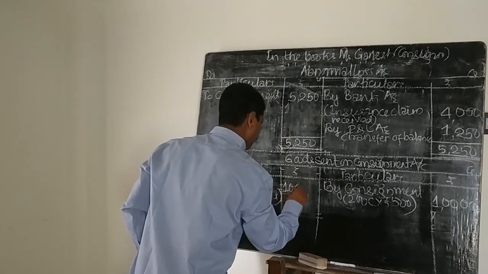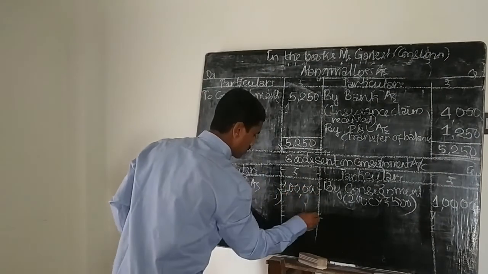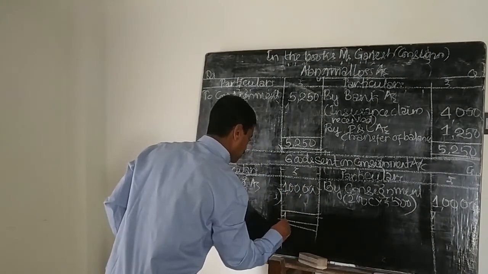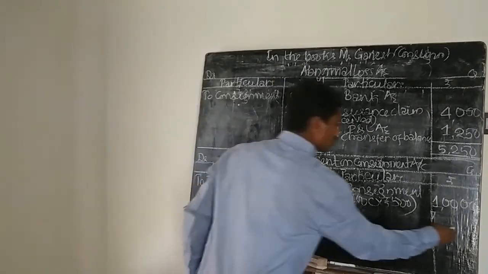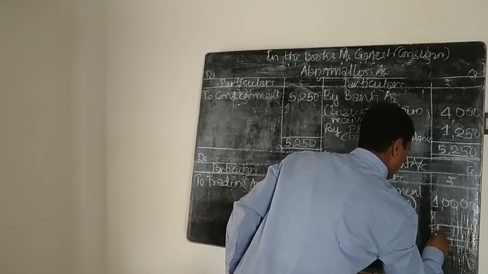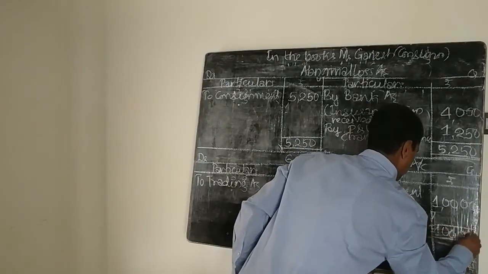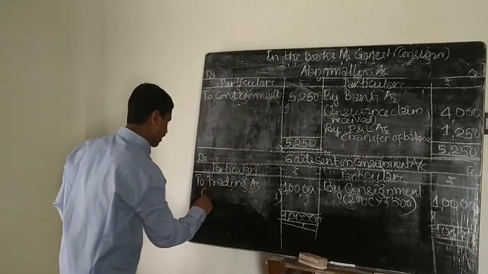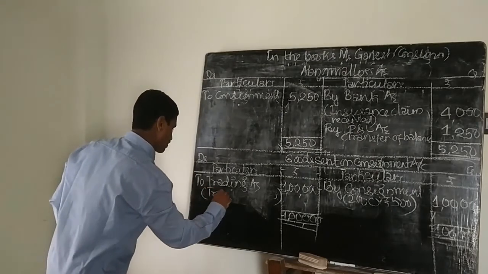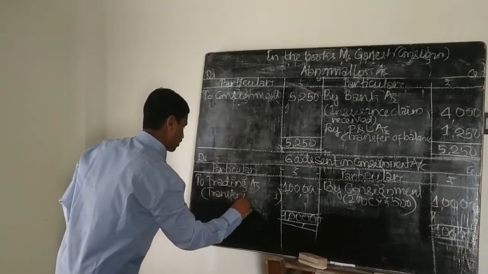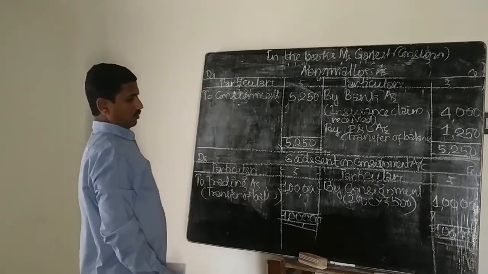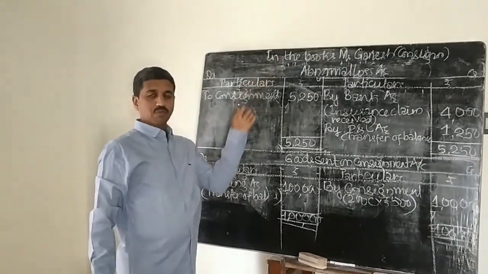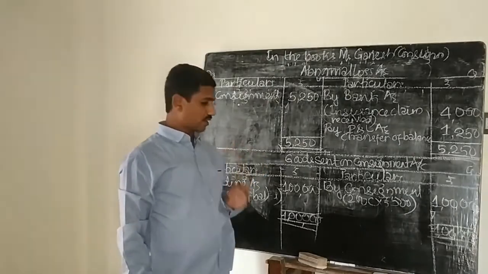So 1 lakh here, and also write down 1 lakh. In the bracket you write transfer of balance. Right? So these are the accounts which are to be prepared in the books of the consignor.